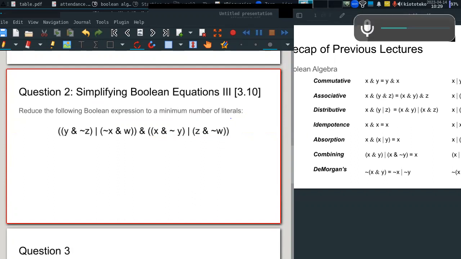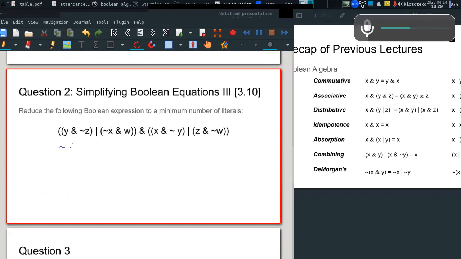De Morgan's. How should we do it? To get, so Y and not Z, or not X and not W. In fact, just not Y and not Z, and not X and W. So you say we should do something like this.